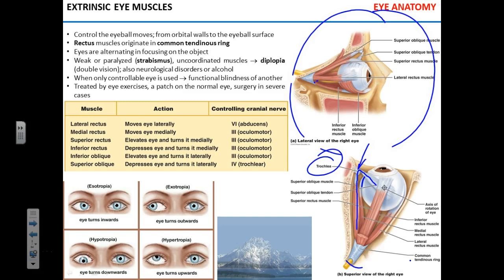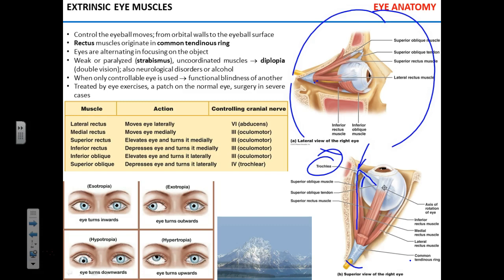So, by pulling superior oblique, where do you think the eye will go? Diagonal. Which diagonal? Outward and down. Actually down. As you pull on the upper part of the eye, it will move a little down.